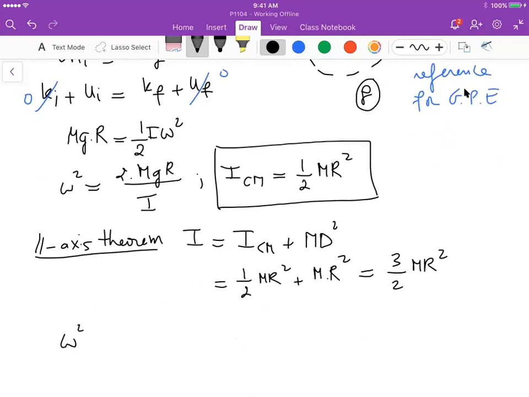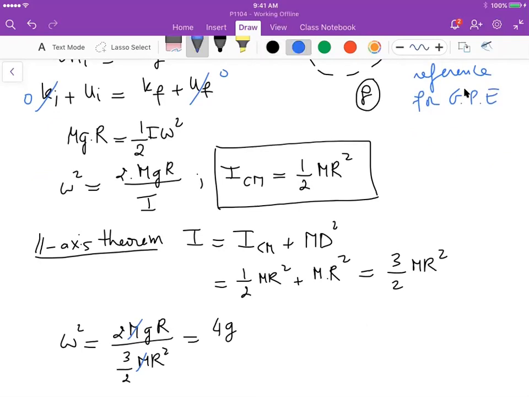And so here we end up with omega squared equals 2 times m g r divided by 3 over 2 m r squared. What happens here? First, the m cancels out between the numerator and the denominator. The 2 goes up, so instead of 2 we get 4, because it multiplies 2 times g.